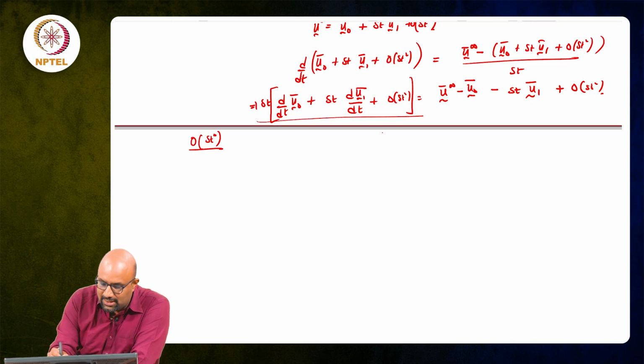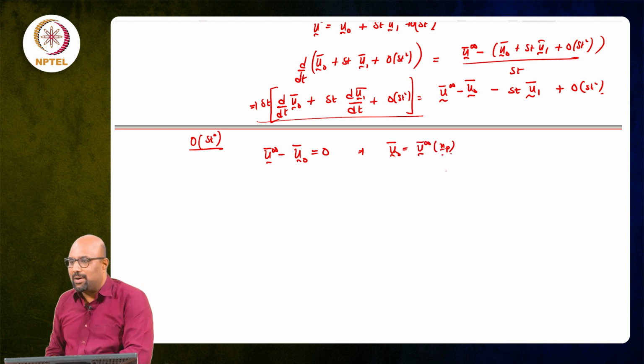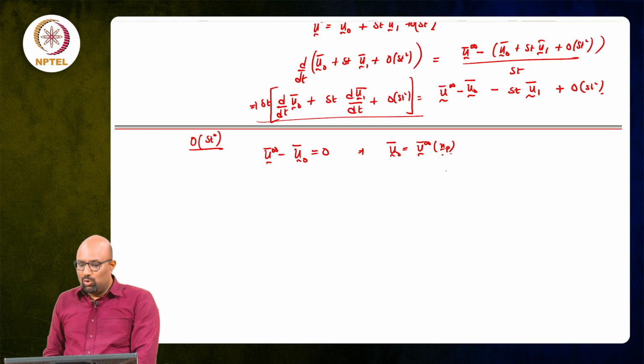On the LHS, there is no term which is 0th order in Stokes. For the RHS, you have u naught and u infinity being equal to each other, which comes back to what we already knew before, and I am putting now the label that this is at the particle position, that the particle moves with a velocity which is equal to the fluid velocity at its center of mass.